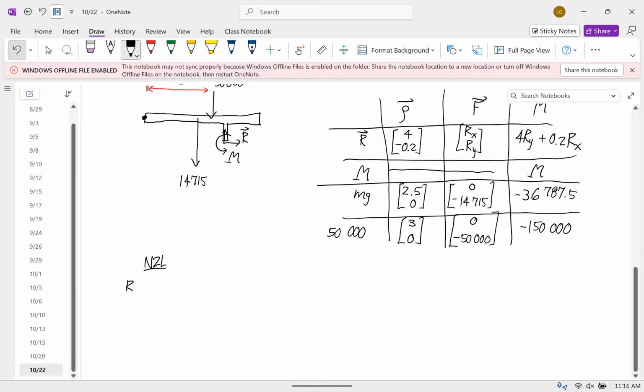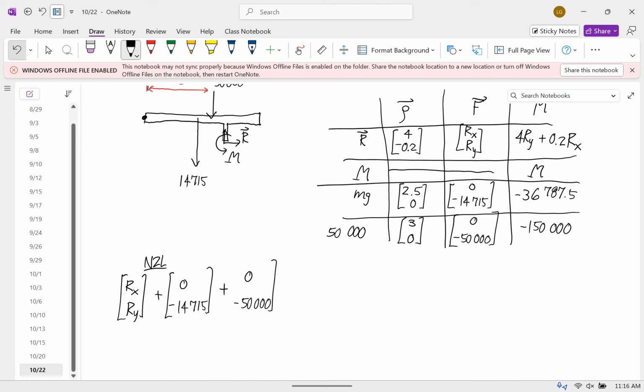Newton's second law: Rx, Ry plus 0, negative 14,715 plus 0, negative 50,000 is zeros.